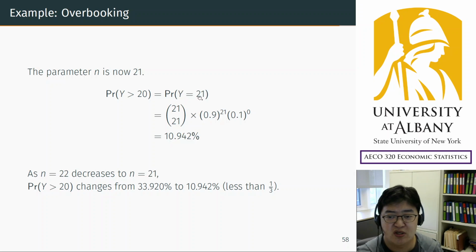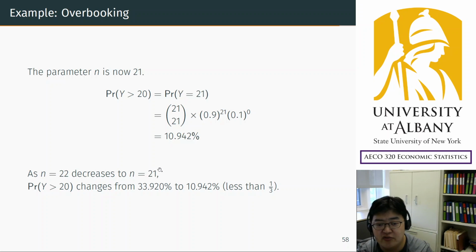So I put 21 here and just apply the formula: 21 choose 21, and 0.9 to the power 21. If you calculate this, it will give you about 10.942%.